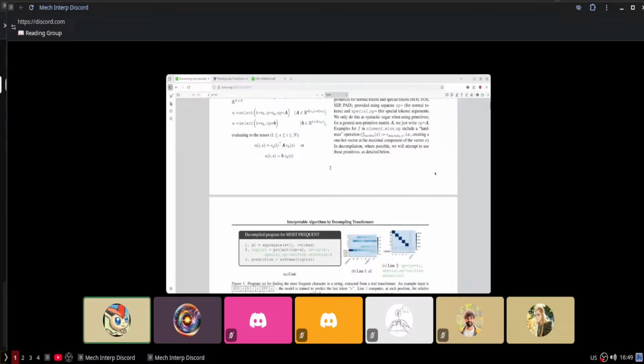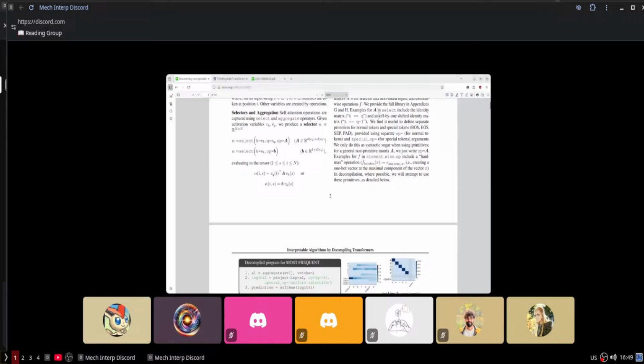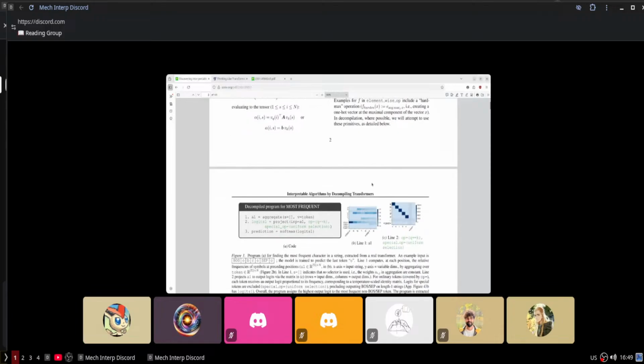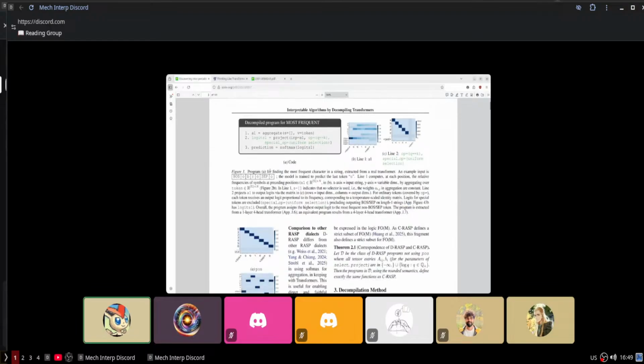On its own, RASP doesn't do the decomposition, it's just a way of expressing the operations.